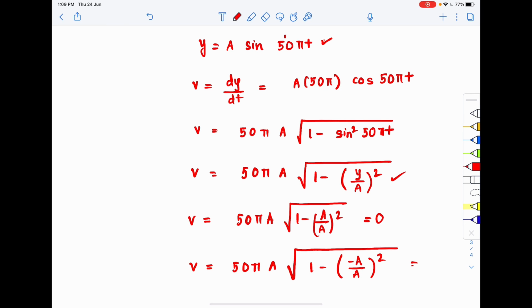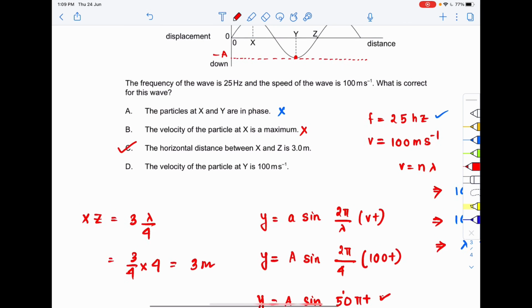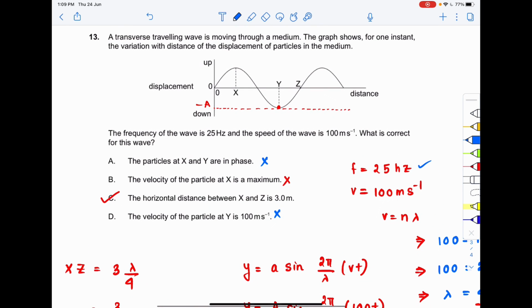If you solve this, you get 0. So the claim that the velocity at y is 100 meters per second is wrong. So the correct option to question number 13 is option C. I hope you got the question.